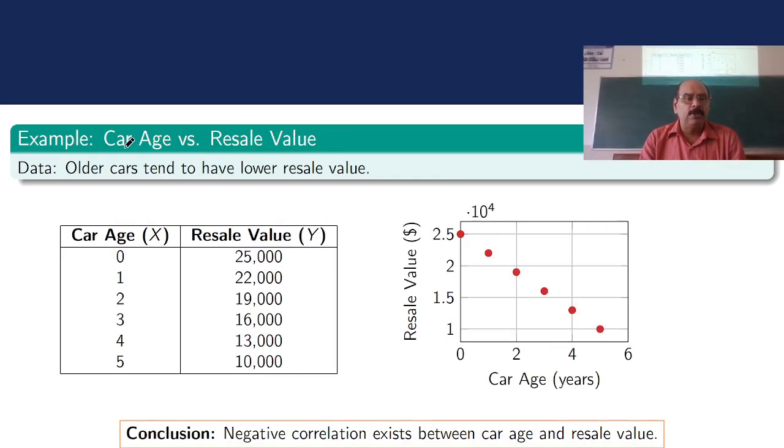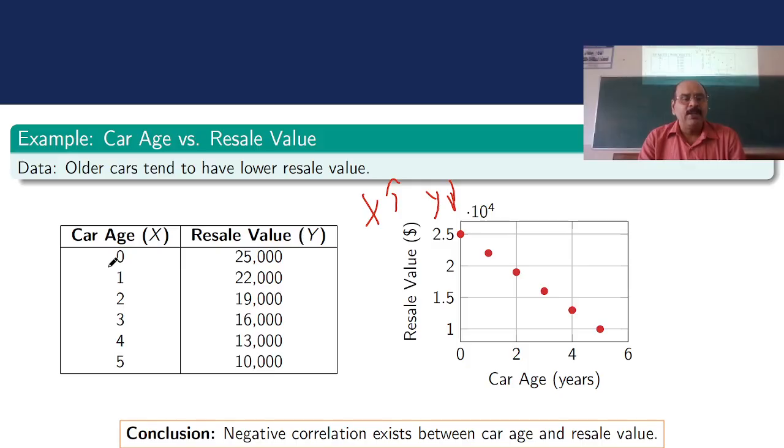So next is negative correlation. As x increases, y is decreasing. Age of a car and its resale value. I put arbitrary values; maybe you can add zeros at the end.